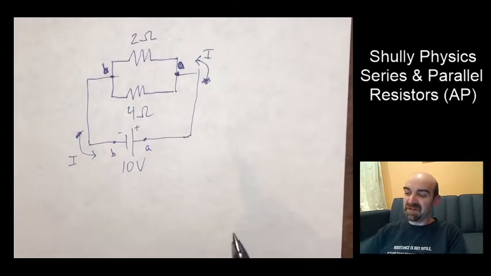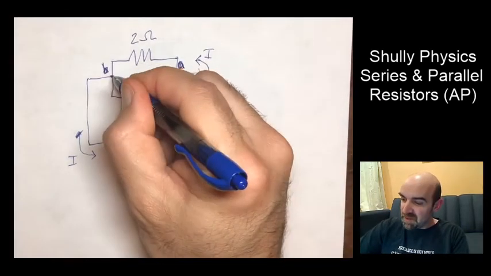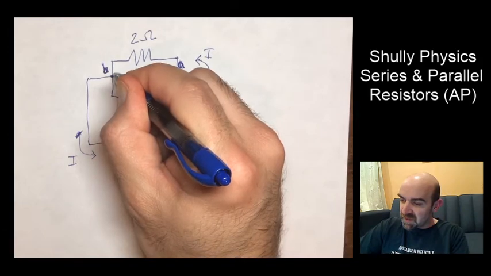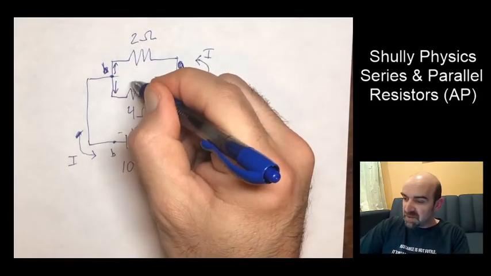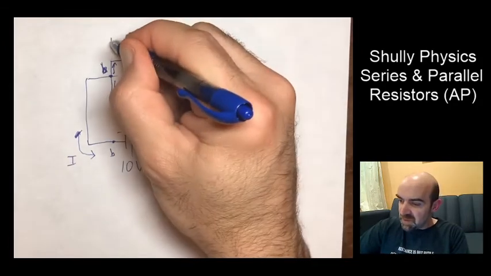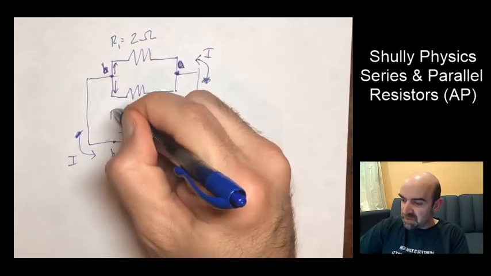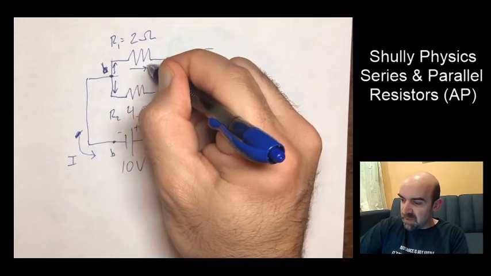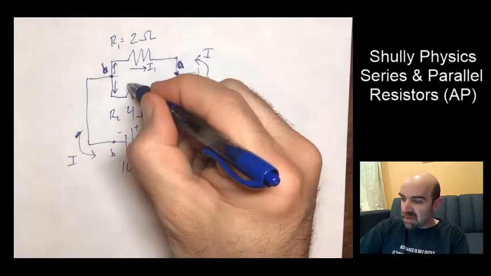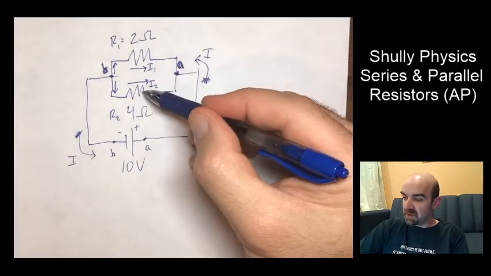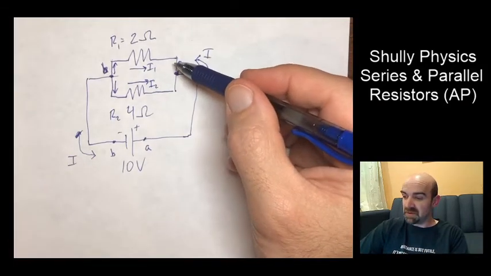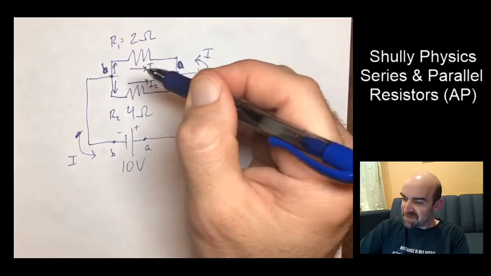Here we have the same potential, but what will happen to that current? Some of the current is going to go this way, some of it is going to go this way. So if we call this resistor 1 and resistor 2, we will have an I1 up top and an I2 down below.